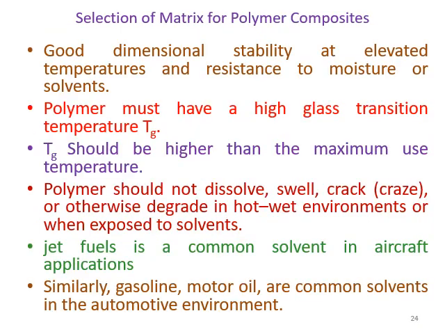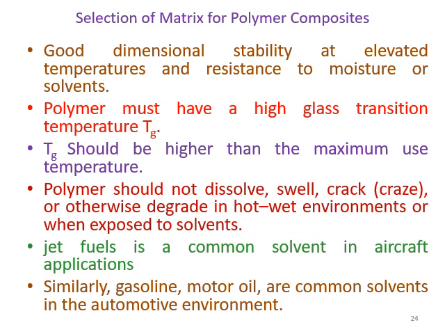So, selection of matrix for polymer composites. Now we have seen it for high performance composites. For polymer composites, what should be the criteria? Good dimensional stability at elevated temperature and resistance to moisture and solvents is desired. That is, the polymer should have a higher glass transition temperature, not a melting temperature.